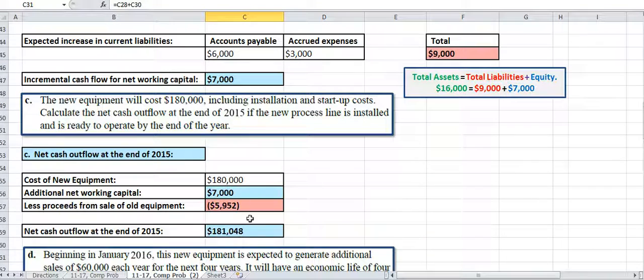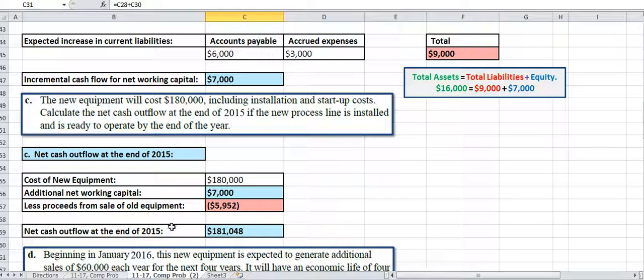So that's a net positive, but we're actually going to subtract that out in order to get our net cash outflow. So we're subtracting this cash proceeds because this comes out of what we're having to pay out initially to install this new process line.